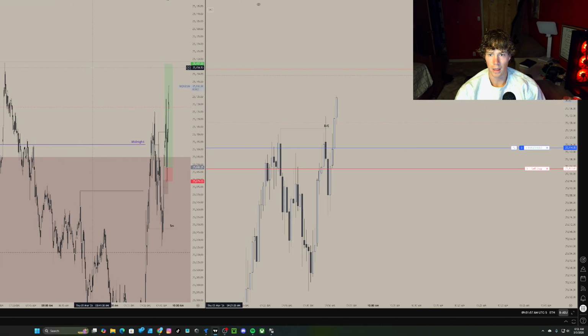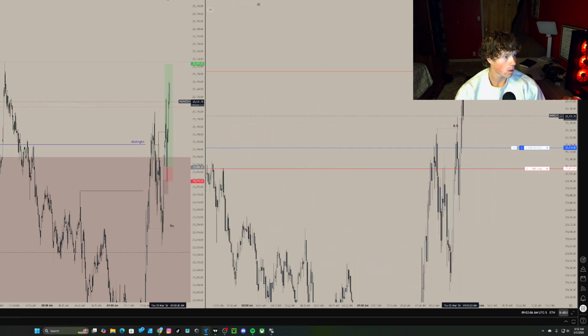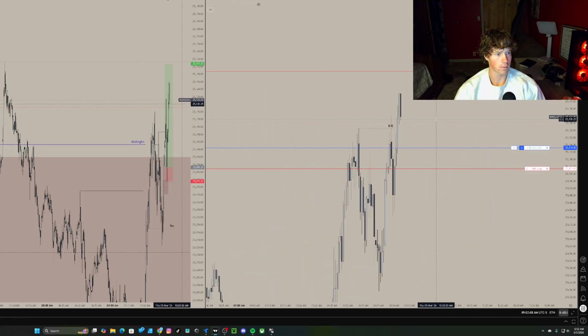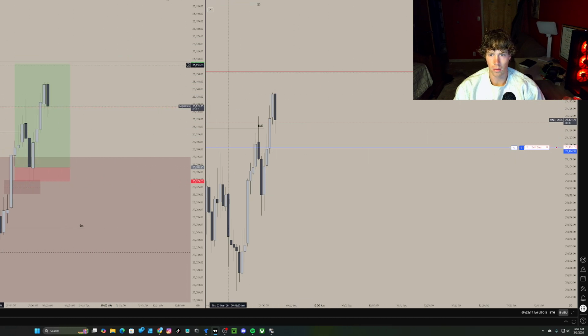Let's make sure this is a good high to target. I think it is. Price is very manipulative. We could get stopped. But if this 1 minute gap holds right here, we should be okay.